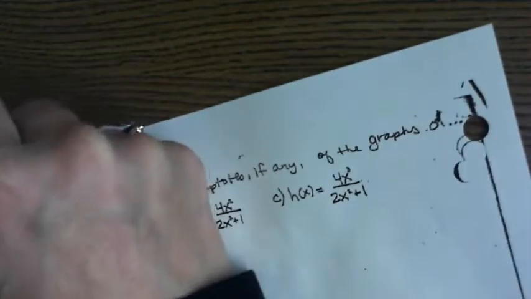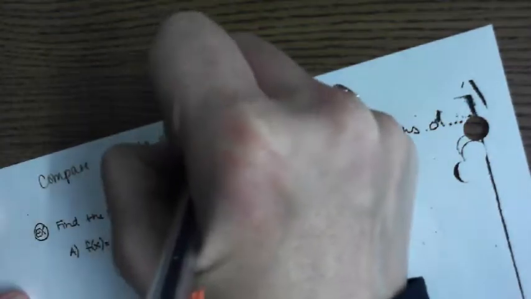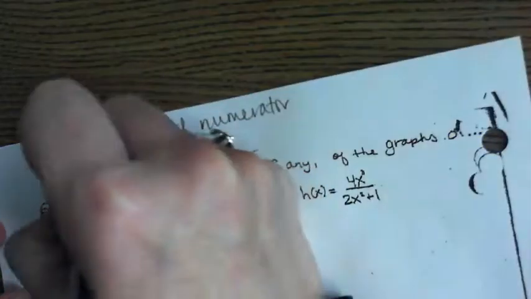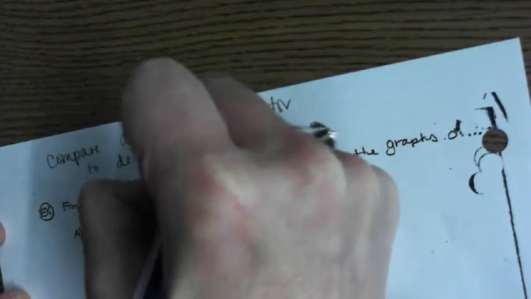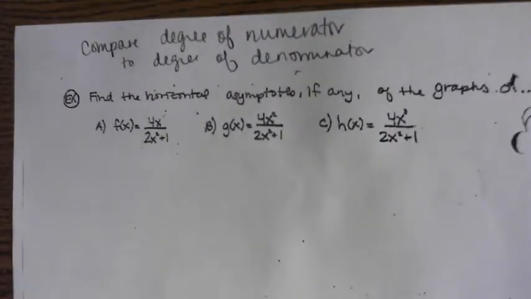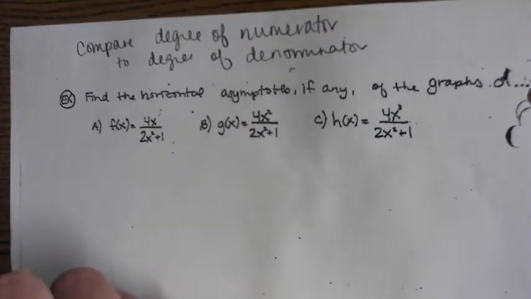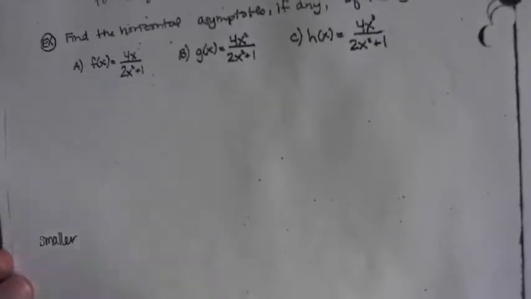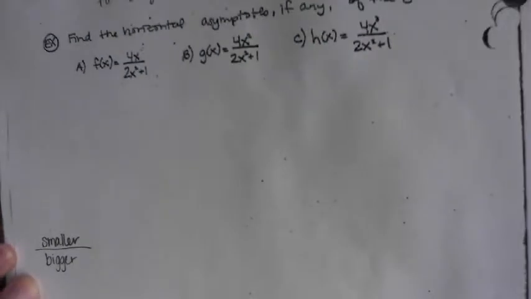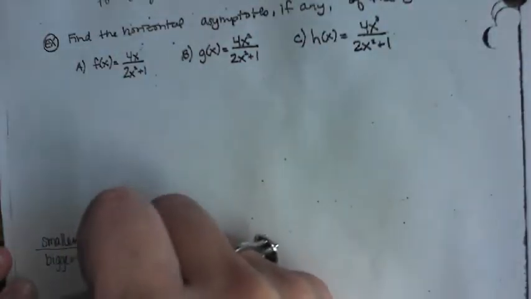So you need to compare the degree of your numerator to the degree of the denominator. And there are 3 scenarios. If the numerator's degree is smaller and the denominator's degree is the bigger of the 2, then the horizontal asymptote is at y equals 0.